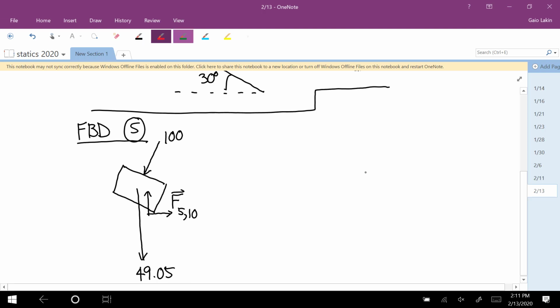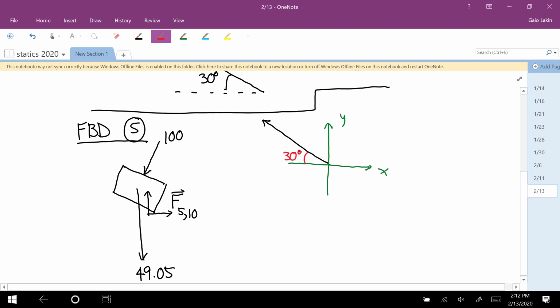So if we think of our coordinate system like this, here's the x-axis, y-axis. The angle that's given for the incline is 30 degrees. Okay, so we know that between the negative x-axis and this vector is 30 degrees.